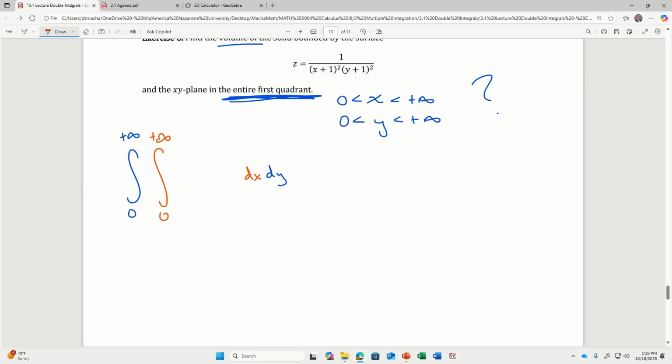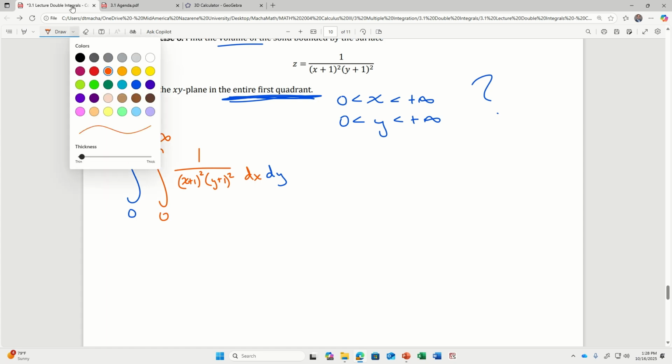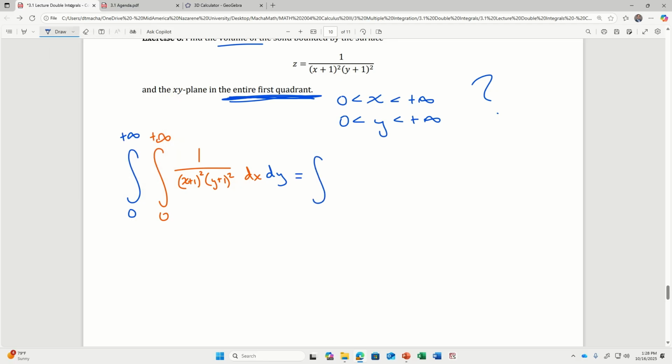And so the thing that we're trying to integrate is 1 over x plus 1 squared, y plus 1 squared. And I don't know if we'll have time to finish this problem, but I do want to tell you what's the correct way to think about this.